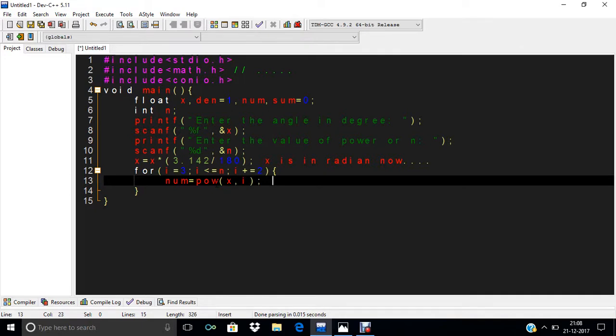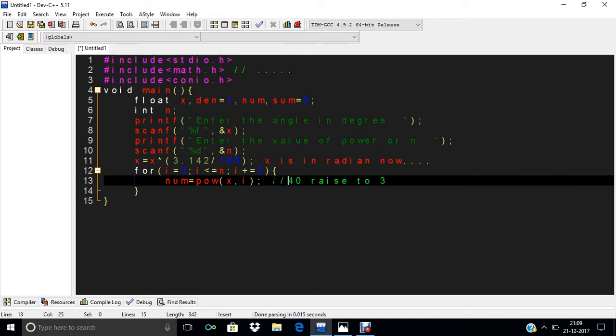For example, in the first iteration, the value of i is 3, and the value of x, we got from angles in degrees, and converted into radians over here. Suppose the value of x is 40 in radians, then 40 raised to 3 will be stored into num.